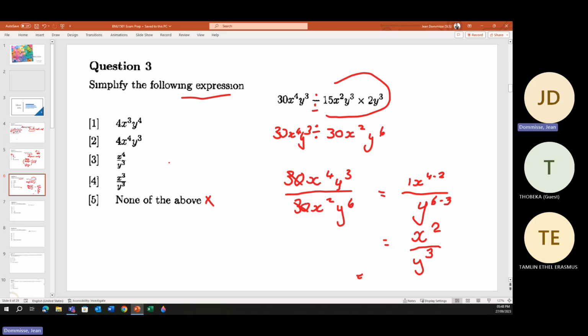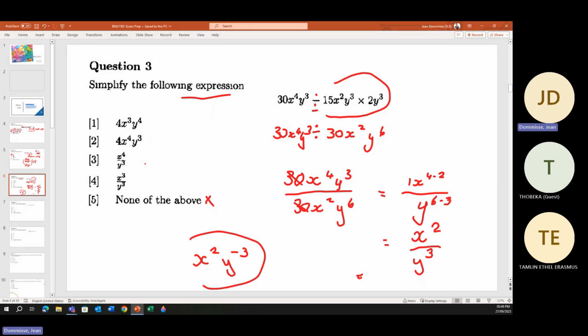What you can also do, and this is where I said in one of the previous sessions, is let the answers guide you, because sometimes what they could have done was that this might have been a final answer as well.